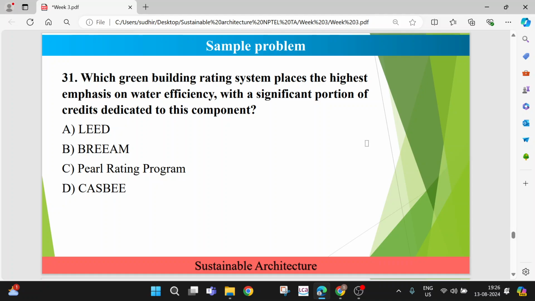That's why in that region, due to the dry climate, the water part is given more emphasis or more credit while giving green building certifications or ratings to the construction of new buildings. Is it fine? 31.